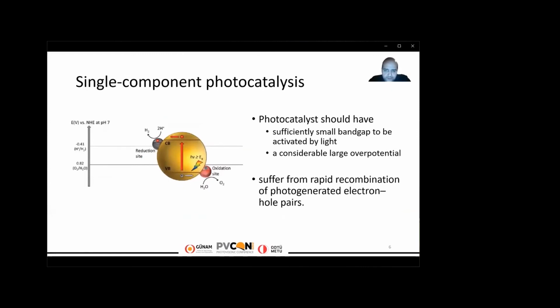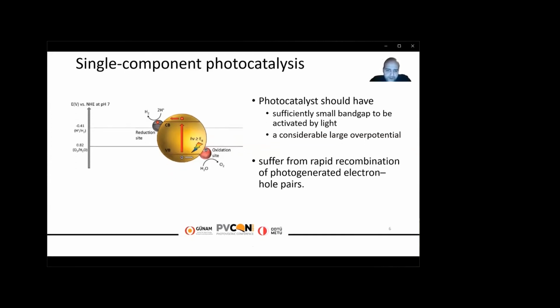In single component photocatalysis, we have only one particle, and this particle must have a sufficiently small band gap to be activated by light, and also a considerably large overpotential to enable redox reactions. But these two requirements are conflicting. If the photocatalyst has a small band gap, it also has a small overpotential. And these particles suffer from rapid recombination of photogenerated electron-hole pairs.